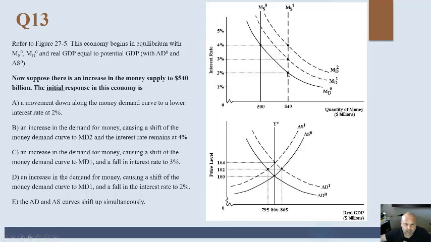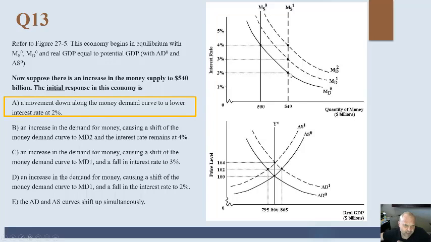So we will end up with the interest rate falling from 4% to 2%. But this question is asking what's the initial response. So the initial response will be indicated by answer A. We will have a movement down along the money demand curve to the lower interest rate at 2%.